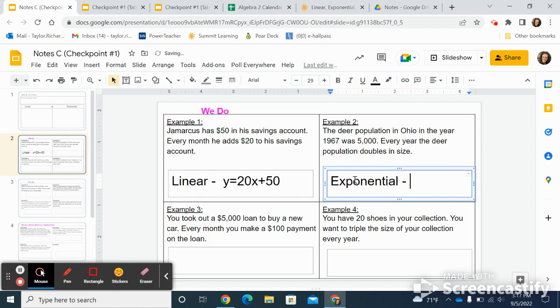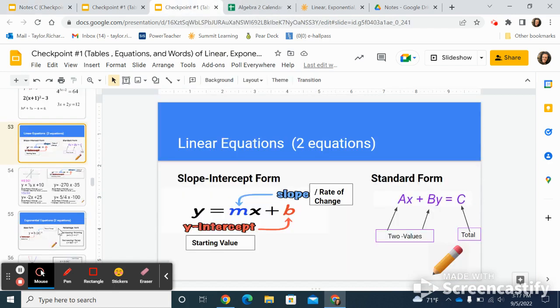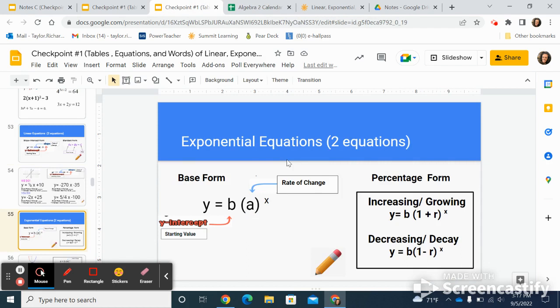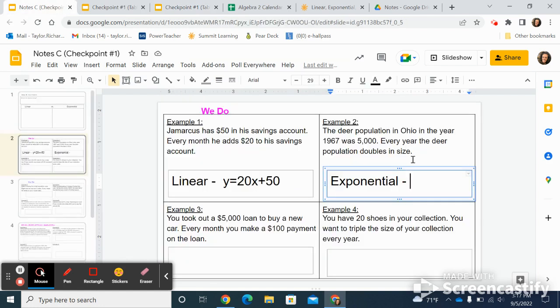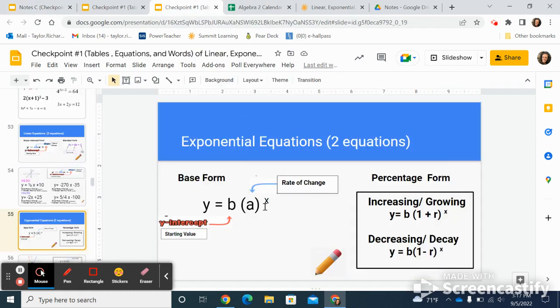Okay. Now let's go back to our equations. The exponential ones from, again, our last set of notes was y equals b times a with an x up high. So I'm going to type that out first, and then I'll change the letters. Y equals b times a. Now again, that x is up high.